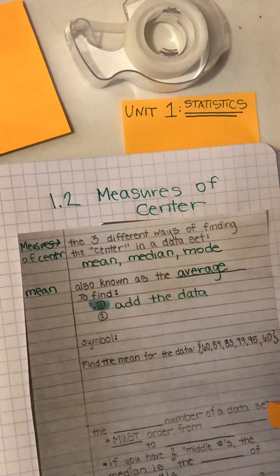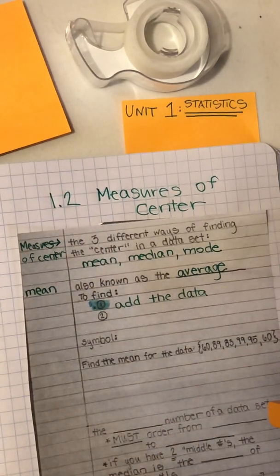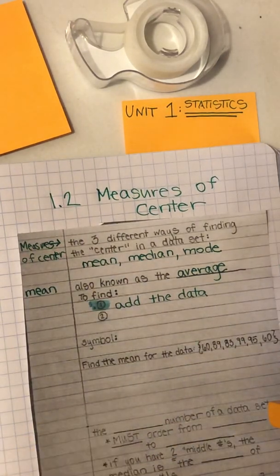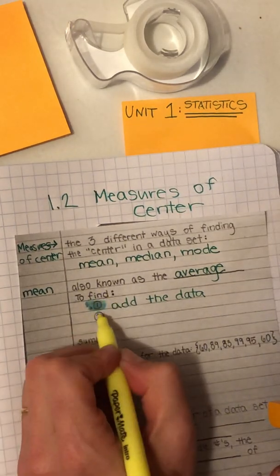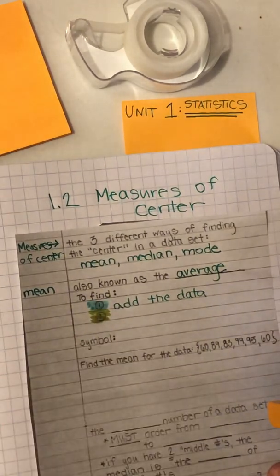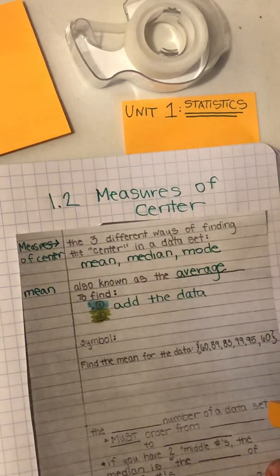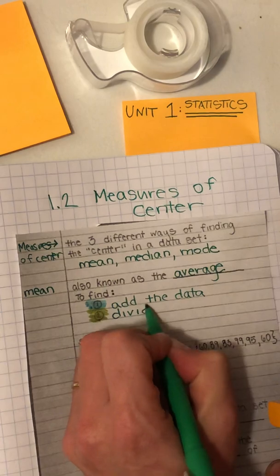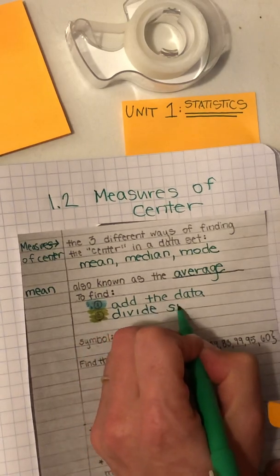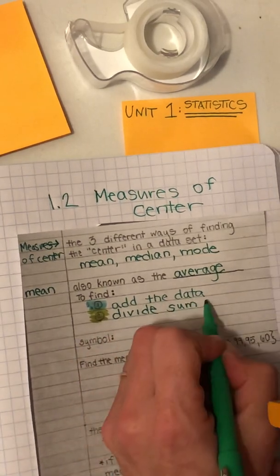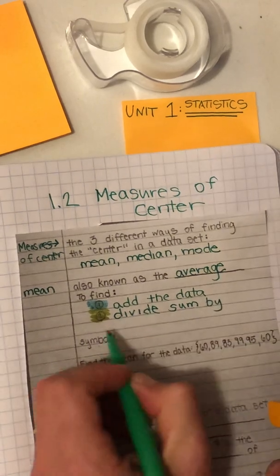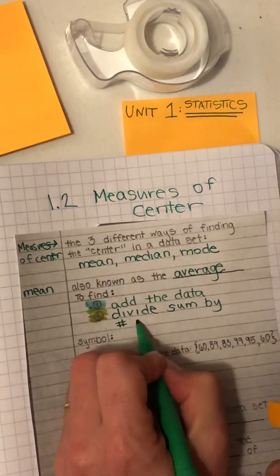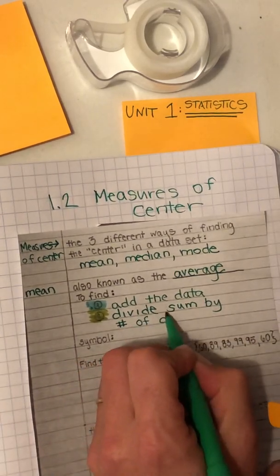And then step 2, divide the sum, or the answer to the addition, by the number of data points.